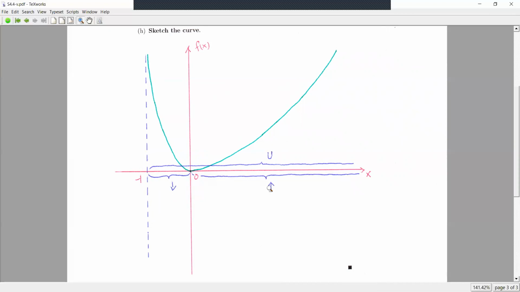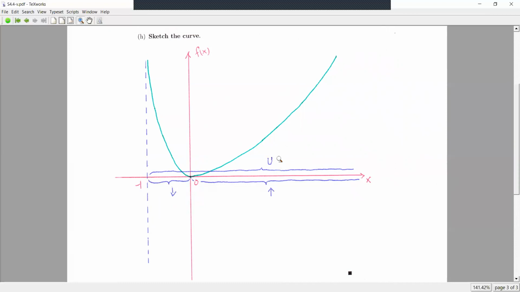From -1 to infinity, the whole domain, the graph is concave up. Mark it down. And also, at 0, the graph has a local minimum. The local minimum function value is 0. So mark down the point.